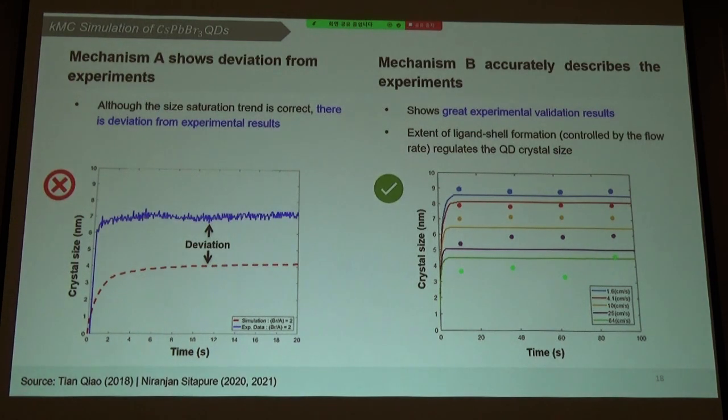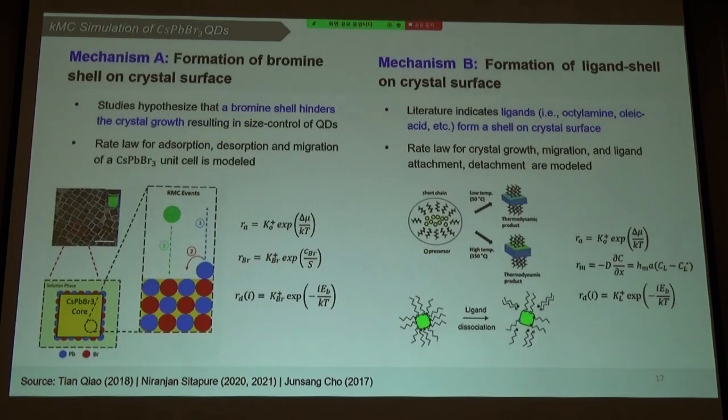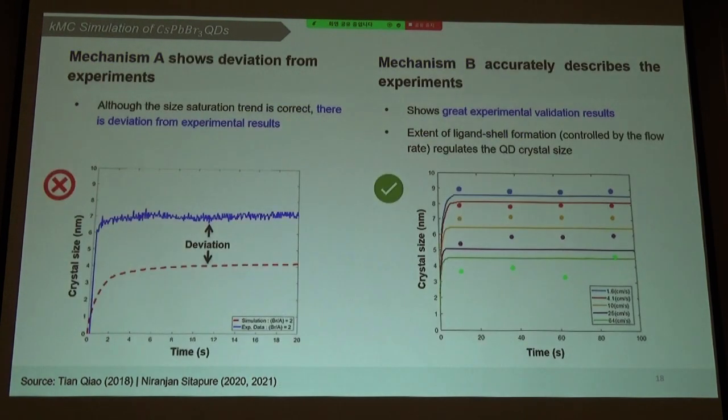We developed the model and provided the same initial conditions to both, and we saw a deviation. On the other hand, when we follow mechanism B, which is based on a ligand shell on the crystal surface, we found that even at different flow velocities, the simulation result and the experimental result were quite well aligned with each other.